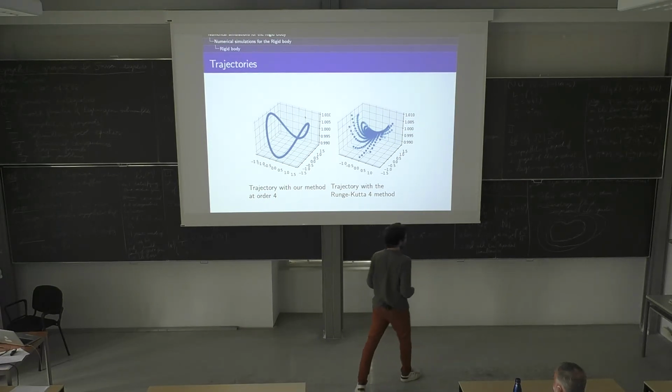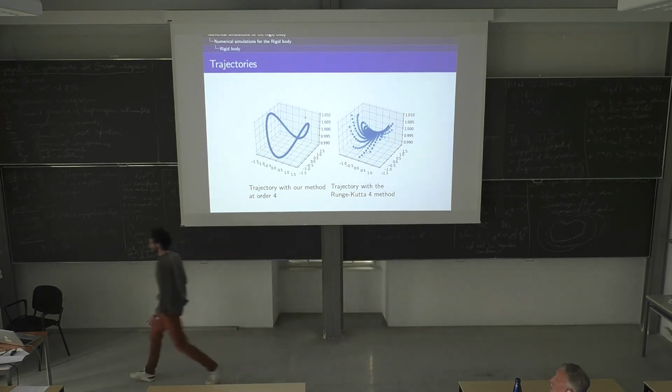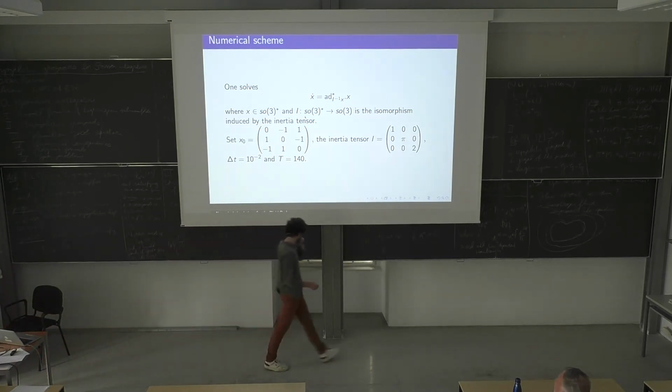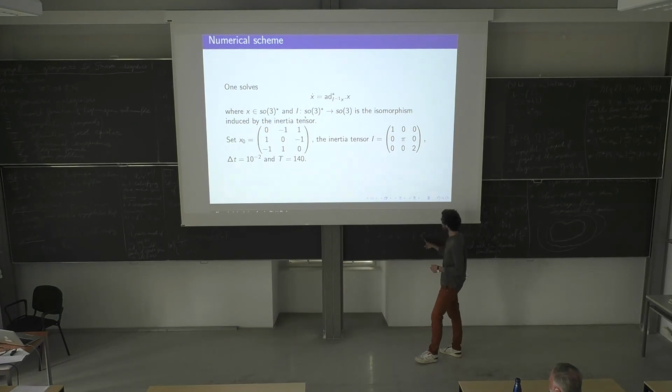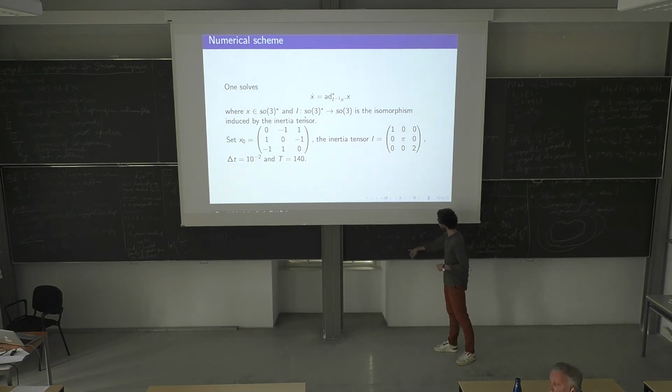So yeah, this is the equation. By choosing some metric, one can identify G star with G, and then the Hamiltonian is the following.